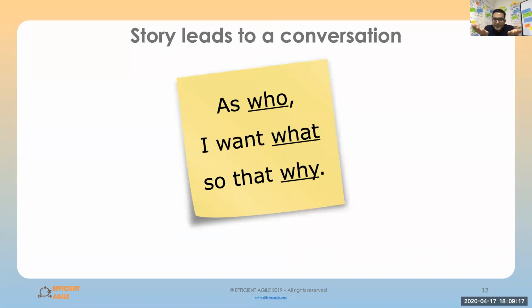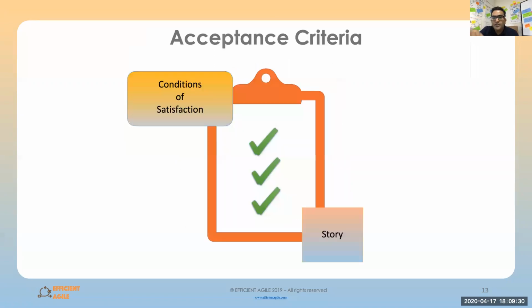This card will then lead to a discussion. So the point of using stories written like this is to create a face-to-face conversation about what is required from the user's perspective. And with that, we'll have a few conditions of satisfaction. So each story will have acceptance criteria. We call them conditions of satisfaction.